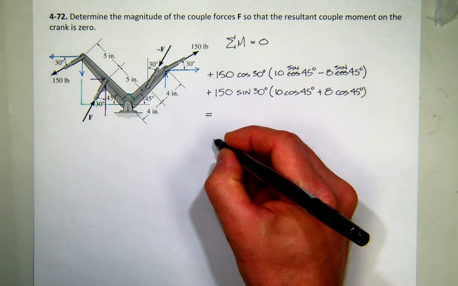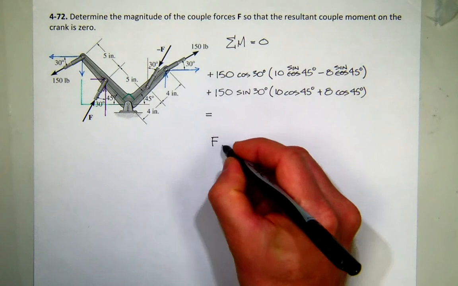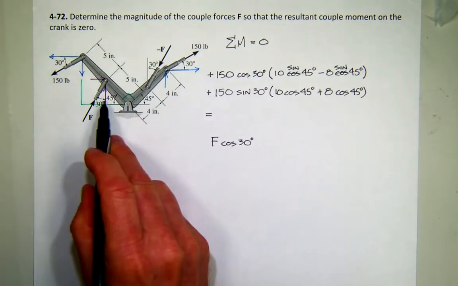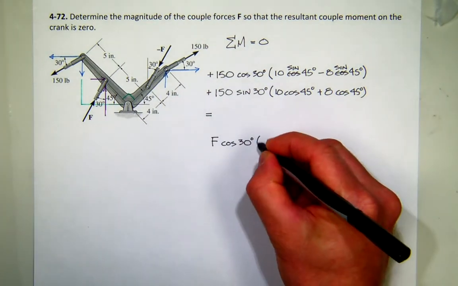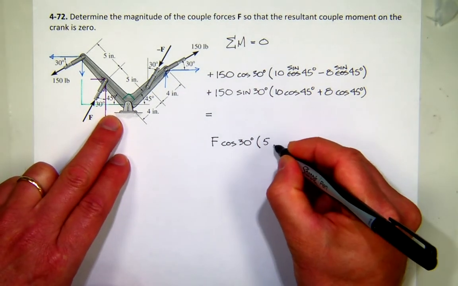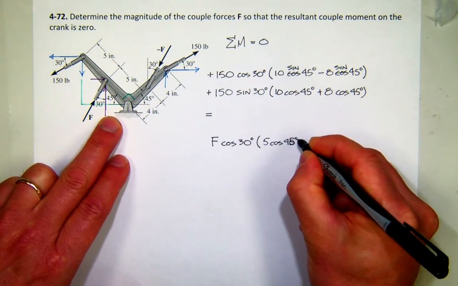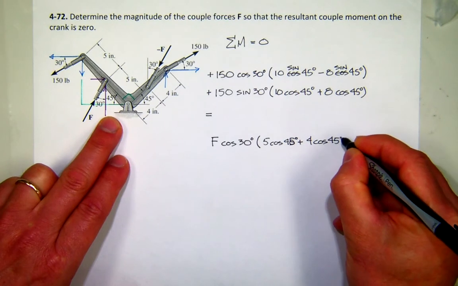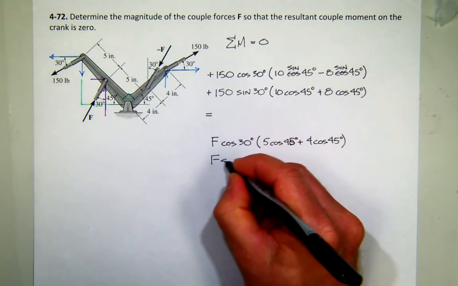What's going to happen in the second one is that I'm going to have F. Now the vertical is going to be cosine 30. And the distance between those two verticals is now what? If they're half the distance, it's going to be 5 cosine 45 plus 4 cosine 45. And then the horizontal components will be the sine of 30.